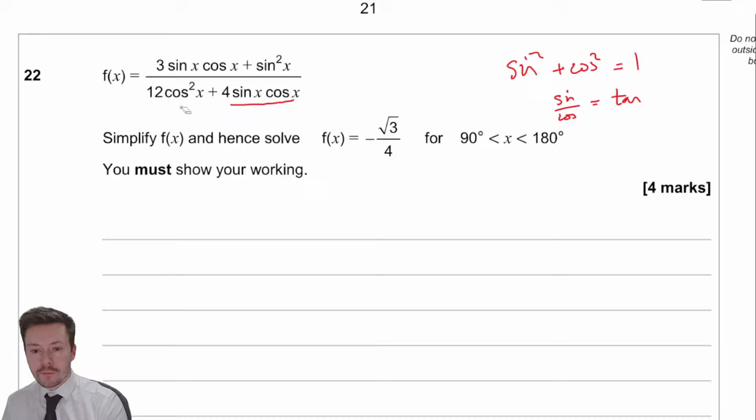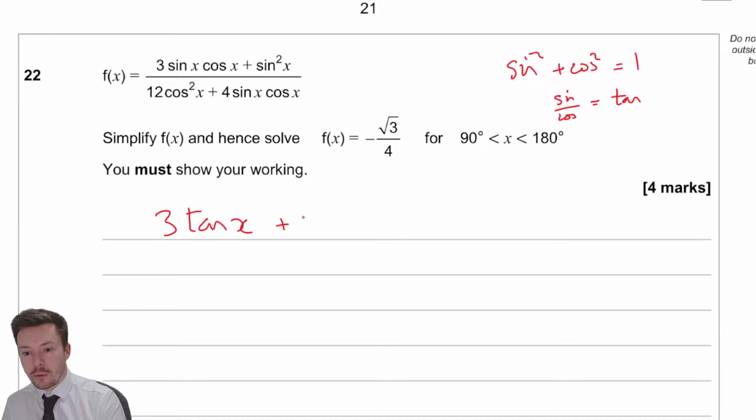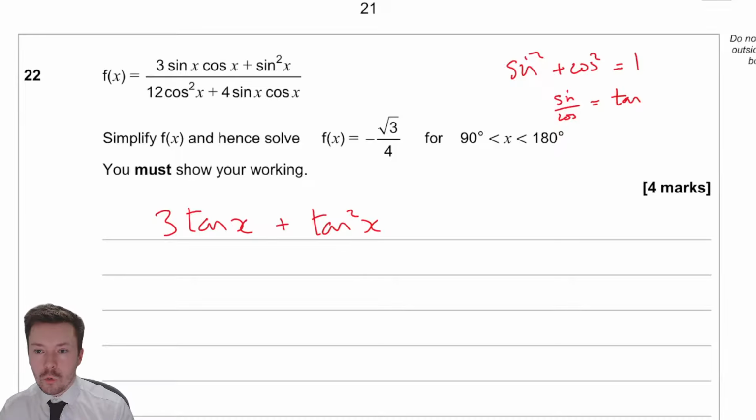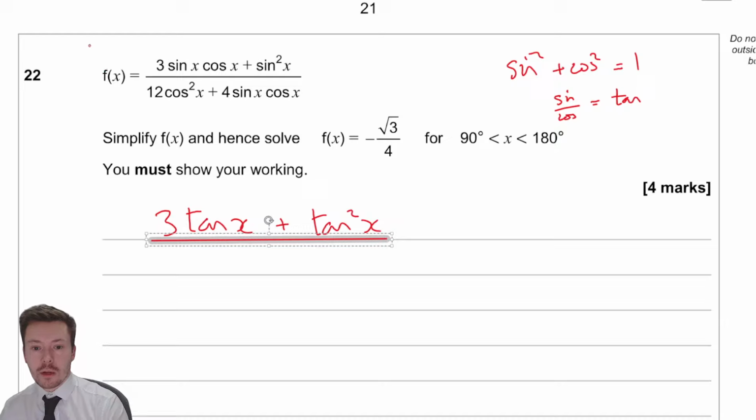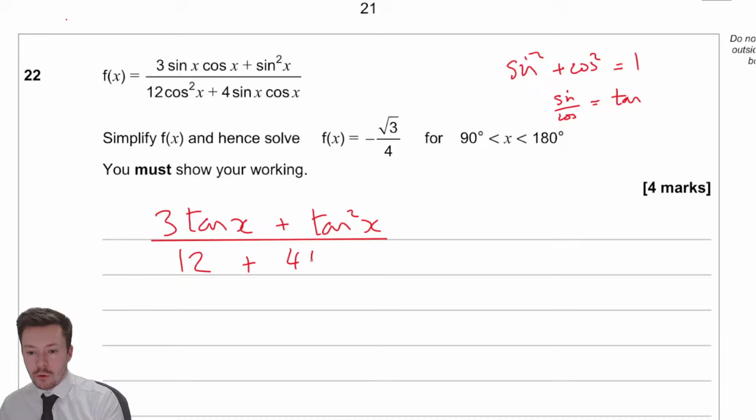squared, what I get is 3 tan x plus tan squared x, all divided by, and then on the bottom we are going to get 12 plus, and then because we divide by cos squared, that'll cancel, we'll get 4 tan x.